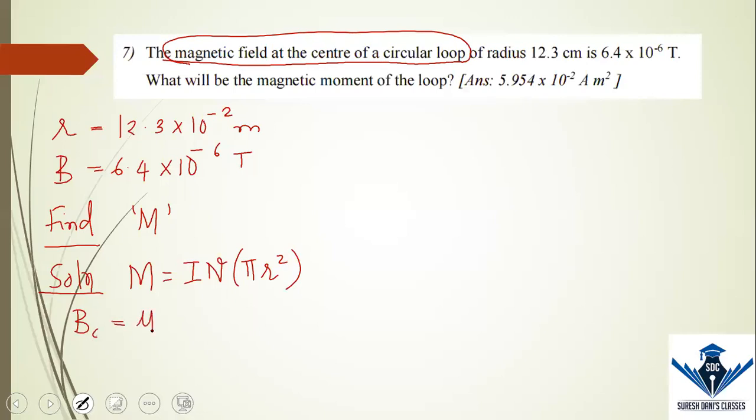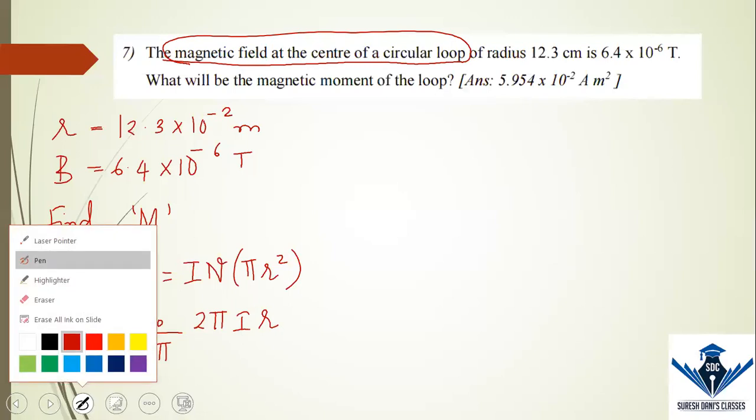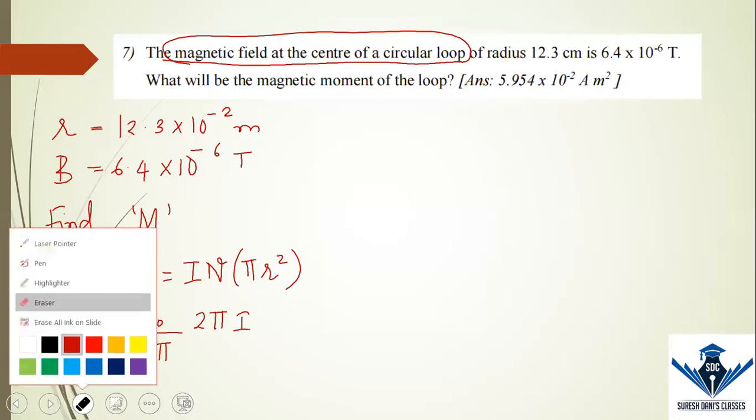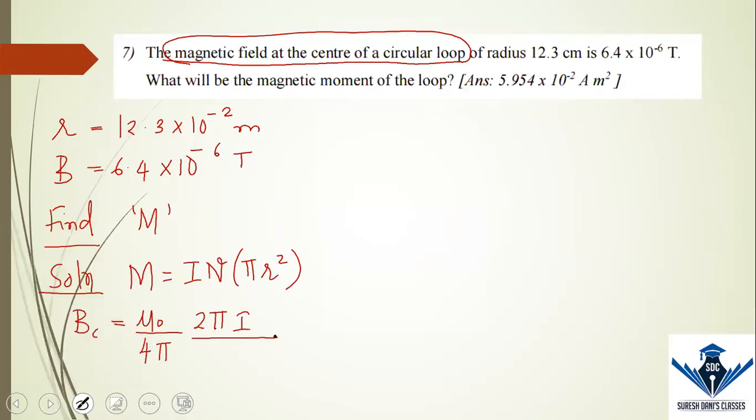What's the formula? It is mu naught upon 4 pi, 2 pi N i upon... what is the original formula? Is it R or R square?